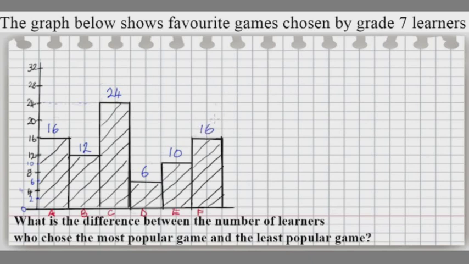So having identified those numbers, then we need to get to know which is the most popular game and the least popular game, and then we find the difference. To start with, let's look for the most popular game.